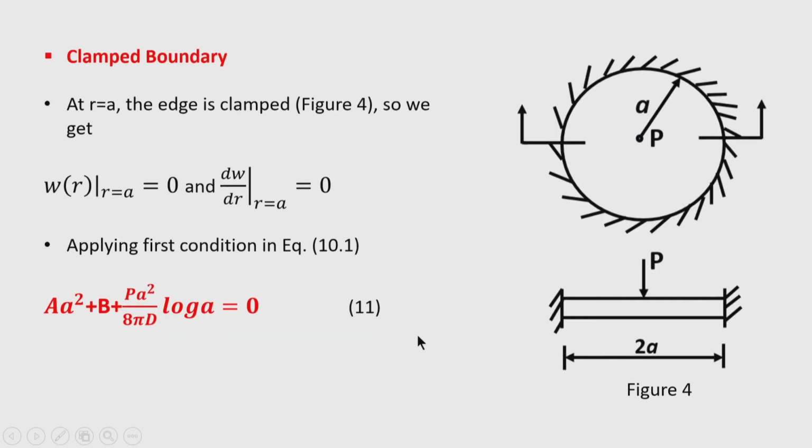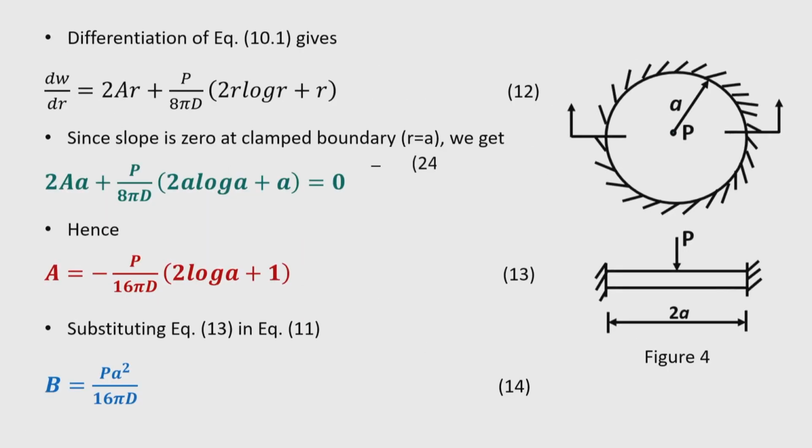Using this we obtain the first derivative as 2 A r plus P by 8 pi D into 2 r log r plus r. You can see this expression is the result of the differentiation of r square log r, which has decomposed into two terms.